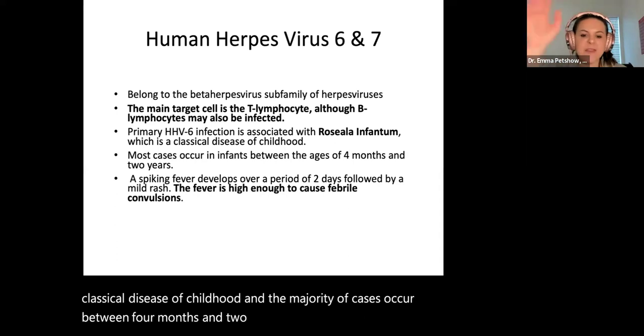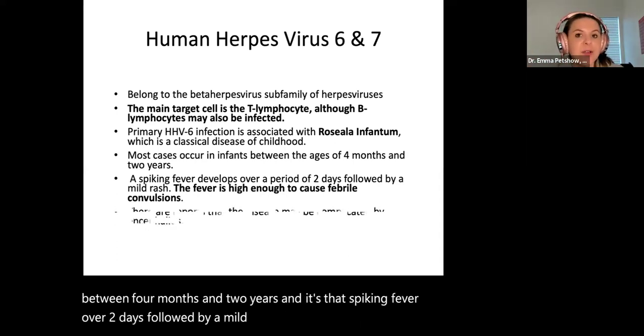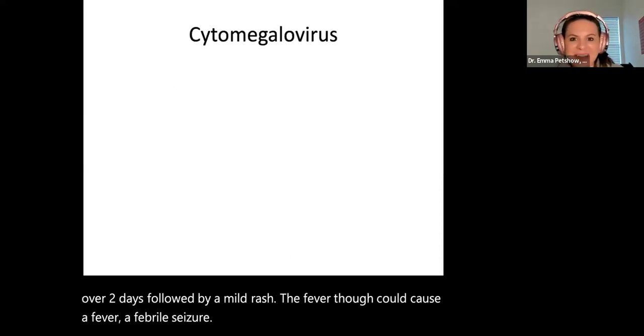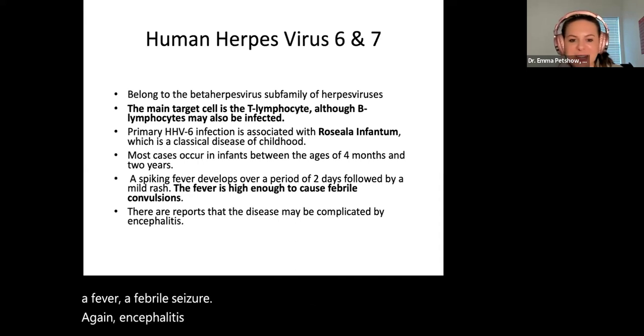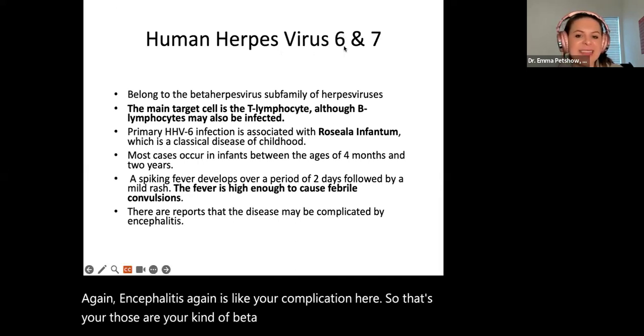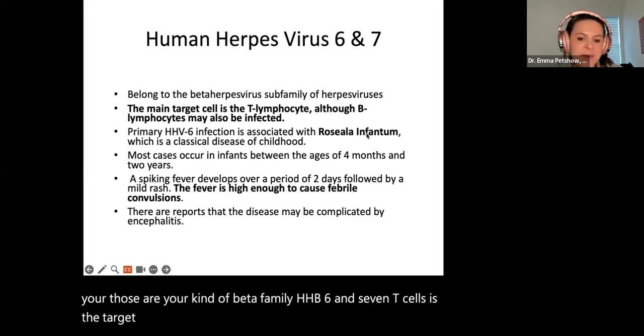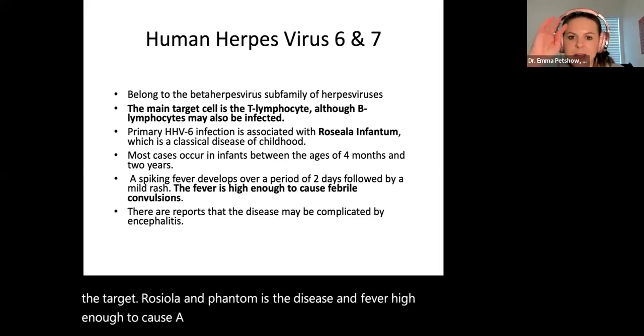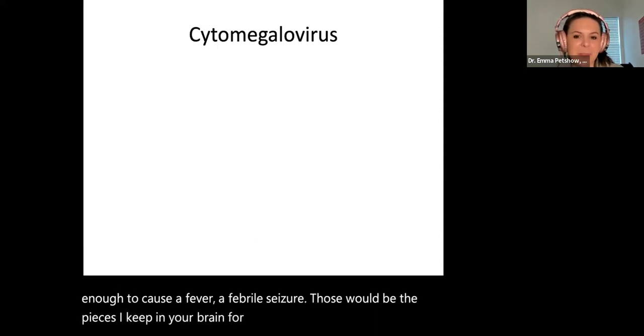It's a spiking fever over 2 days, followed by a mild rash. The fever, though, could cause a febrile seizure. Encephalitis is your complication here. So those are your beta family, HHV 6 and 7. T cells are the target, roseola infantum is the disease, and fever high enough to cause a febrile seizure. Those would be the pieces I'd keep in your brain for HHV 6 and 7.